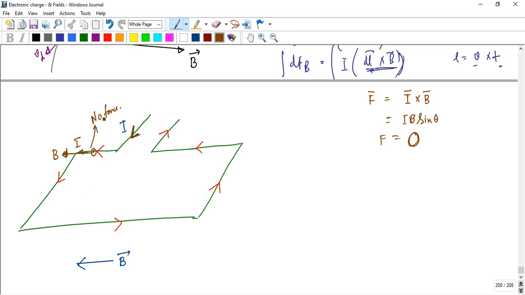Here there is no magnetic force, so F_B equals 0 at that point. Now choose the magnetic force here. B is in that direction, and the current I is in that direction.